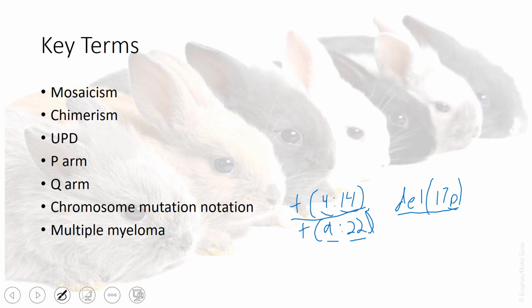So again, this is focused on the paper that we're going to spend time tomorrow discussing. But multiple myeloma is a cancer of a specific type of white blood cell called plasma cells.